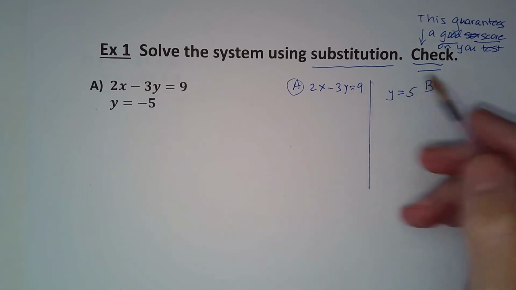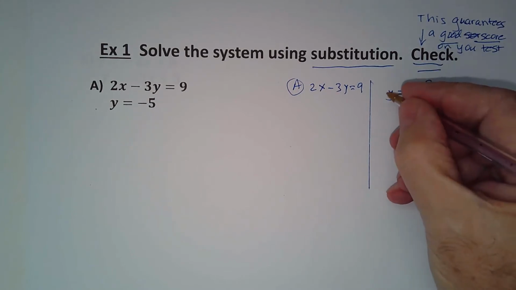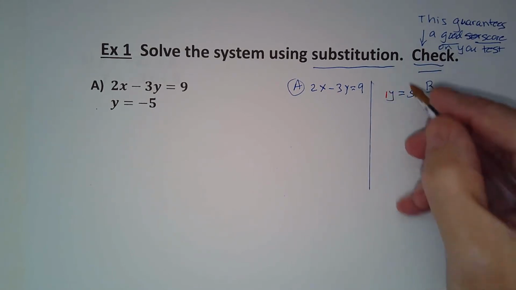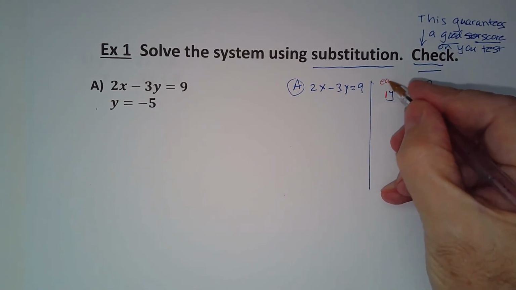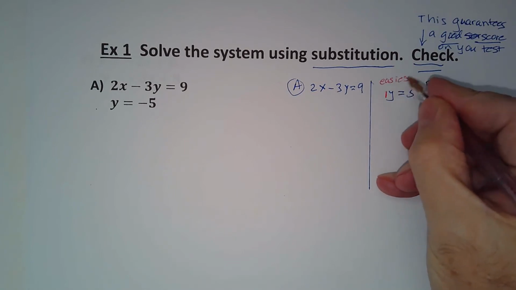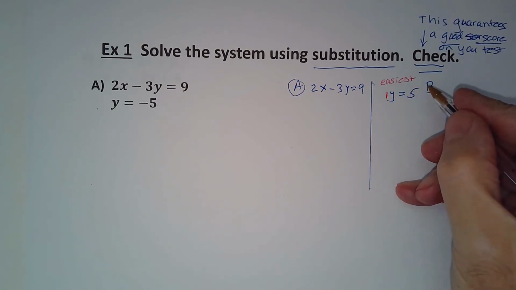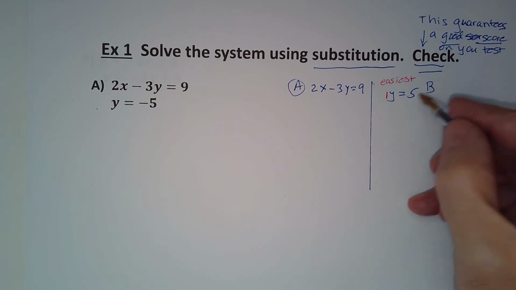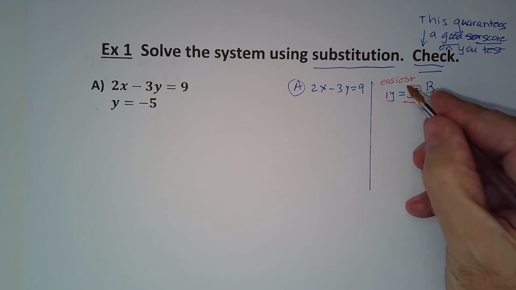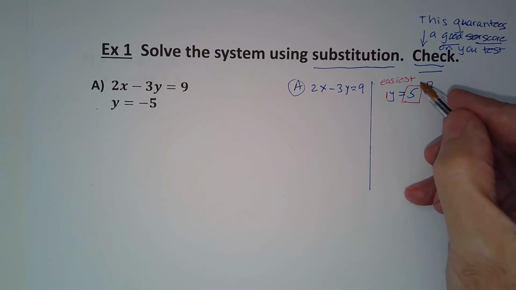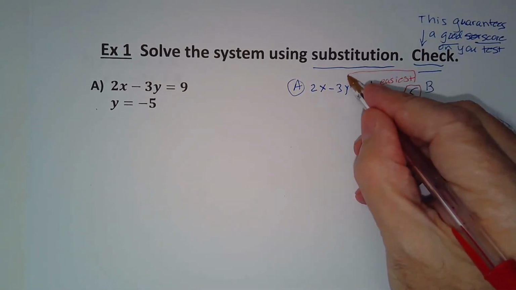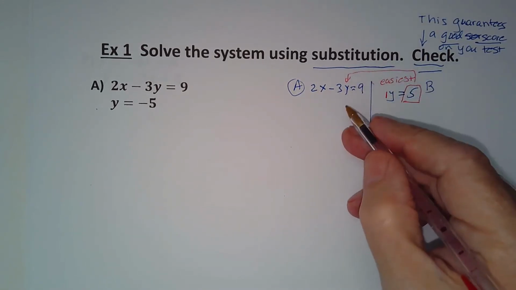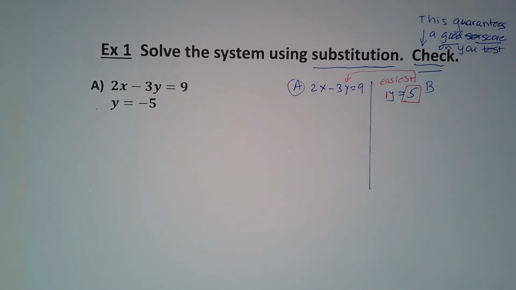Again, you're multiplying times negative 3, but this one here only has one y. So this is the easiest. And because it's the easiest one, you're going to substitute this 5 over here for the y in the first equation, on the A side. So we'll go ahead and do that.